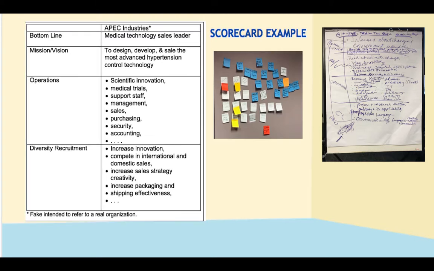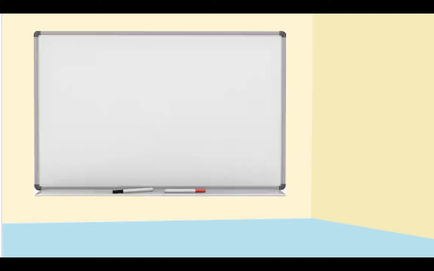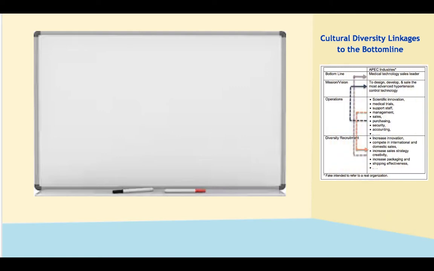Once they come up with a set of Post-its, they go through them to come up with a set of ideas that link up what cultural diversity recruitment offers to the organization's bottom line. In this example of APIC Industries, the conclusion was a set of statements as follows.